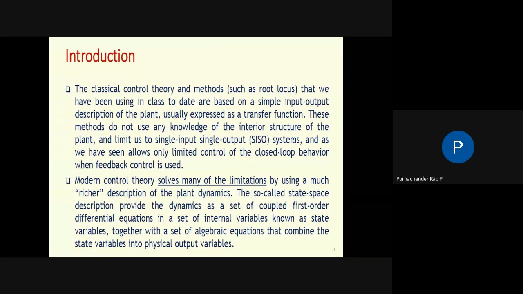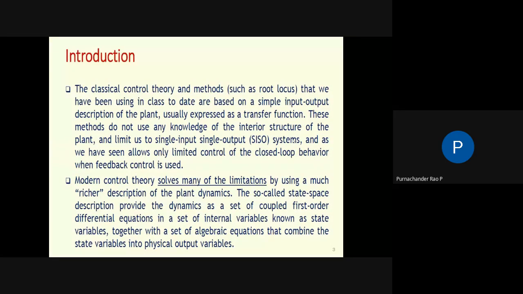And these methods will not give you sufficient information in the time domain and also in the frequency domain if the order of the system increases. So it will not give you the relationship or analysis for multi-input and multi-output systems. It is a very inconvenient method for multi-input and multi-output systems.